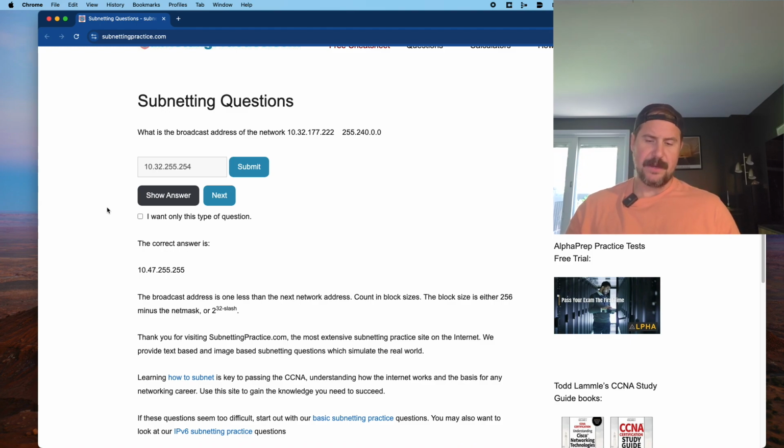I think I understand. In the second octet, because it's a block size of 16, the range of available addresses goes from 32 to 32 plus 16, which is 48.